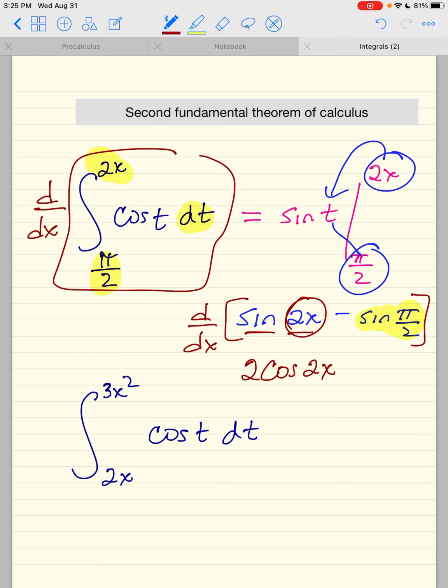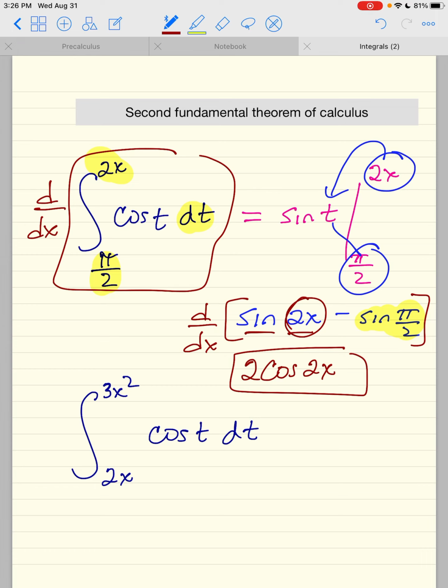The derivative of sine pi over 2, well remember, sine pi over 2 is just a constant. Sine pi over 2 is just 1. The derivative of 1 is 0. So this final answer would be 2 cosine 2x. There's no plus c. You took the derivative.